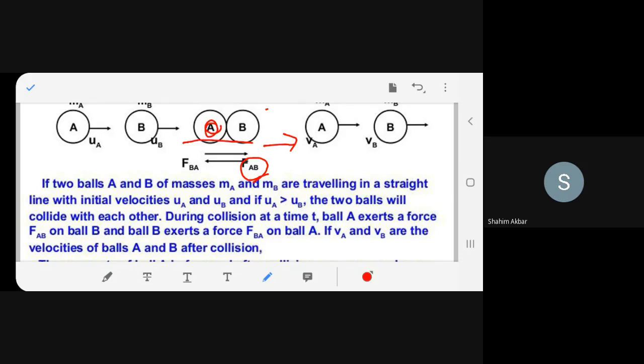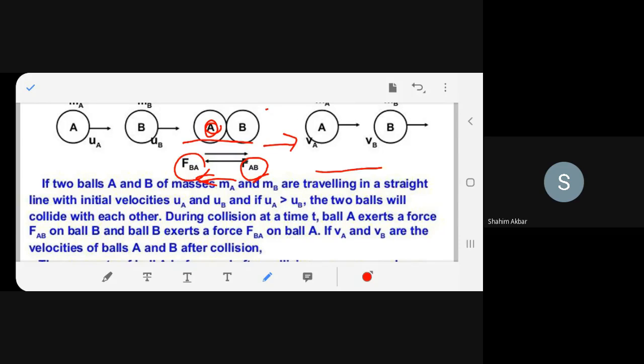So FAB is a force which is applied by A on B, whereas we have to have reaction also. This is action. FAB is action. So what will be reaction? Ball B on A. So it will be FBA, which the arrow will be showing as a backward direction. You got it now?